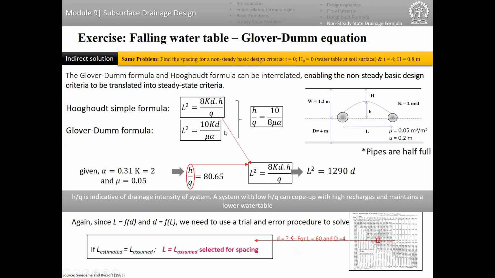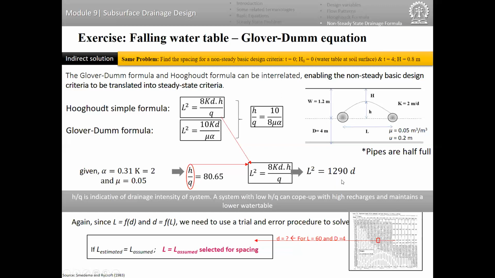Now if we substitute this value of h by q in this equation, we can arrive at another equation for L square. So L square is equal to 8kd h by q. If you substitute the value of h by q here, then we have another relation like this, L square is equal to 1290.